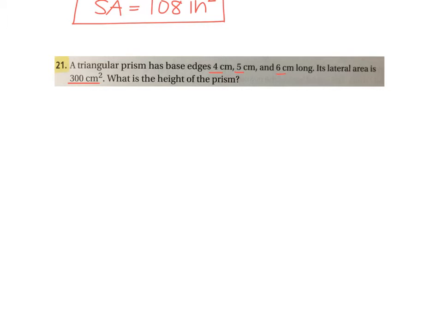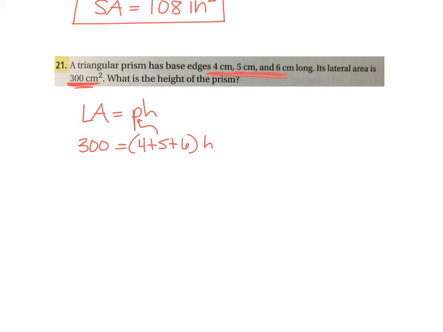So if you think about it, if we know the lateral area, first of all, I know the formula for lateral area is this, LA equals PH. So plug in what we know. We know the lateral area, we know the 300, equals, we can find the perimeter, if this is the sides of our triangle, 4 plus 5 plus 6 is our P, okay?